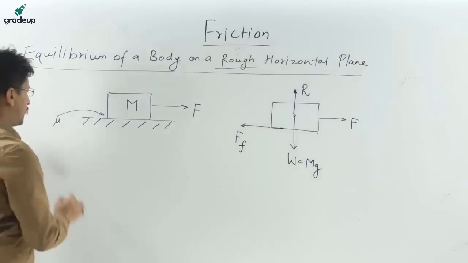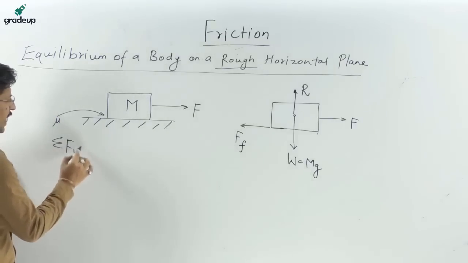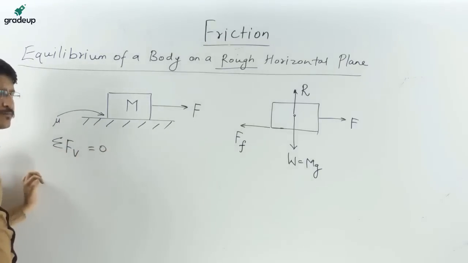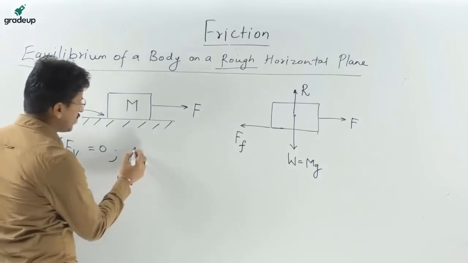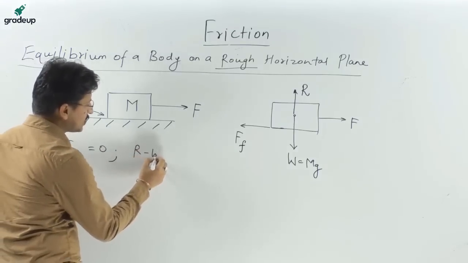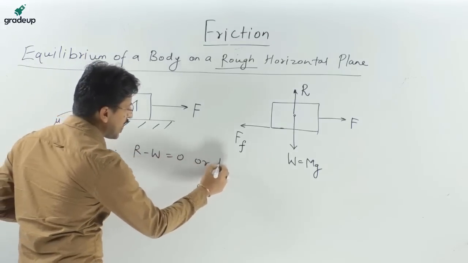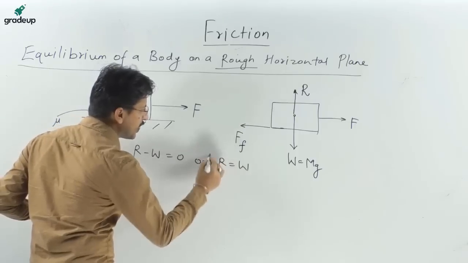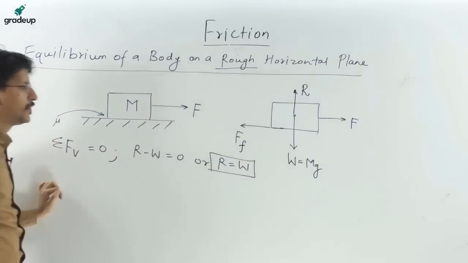So summation of forces in the vertical direction is equal to 0. That means R minus W is equal to 0, or R is equal to W. That is, the normal reaction is equal to the weight of the body.